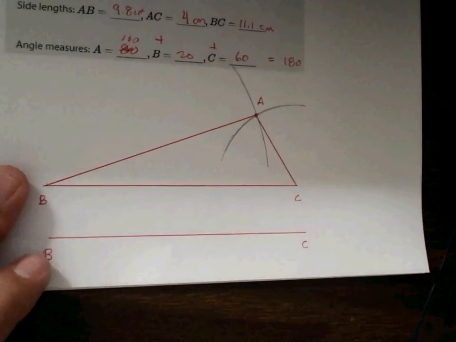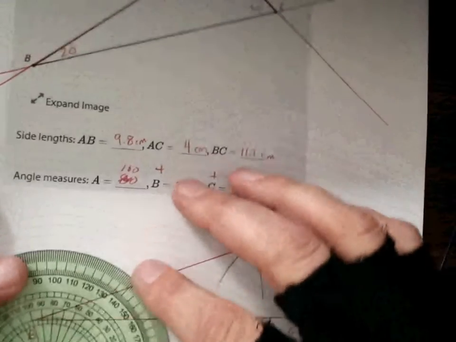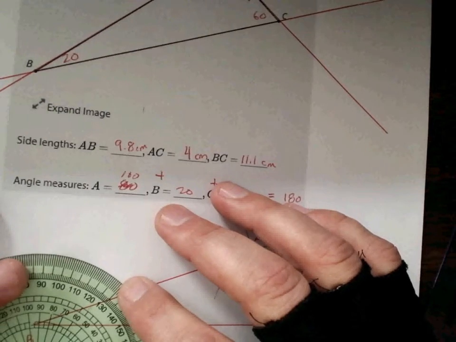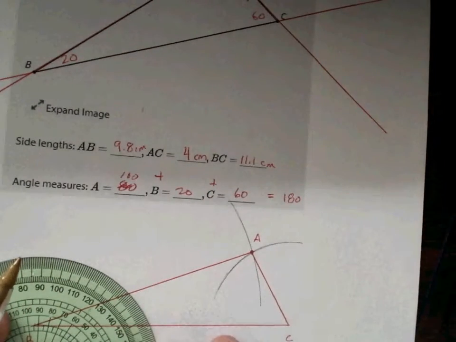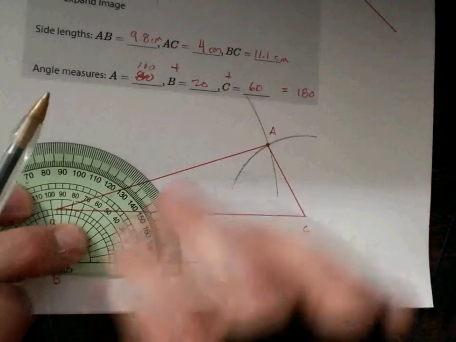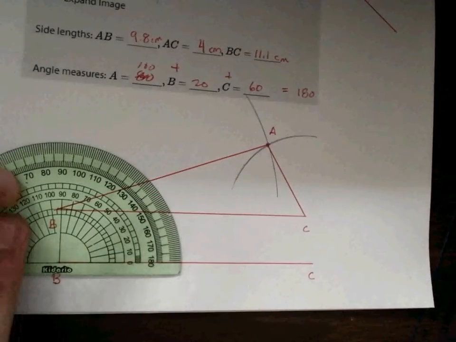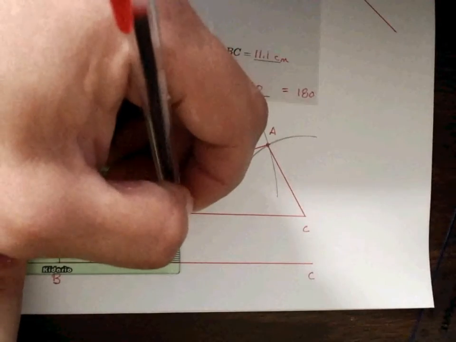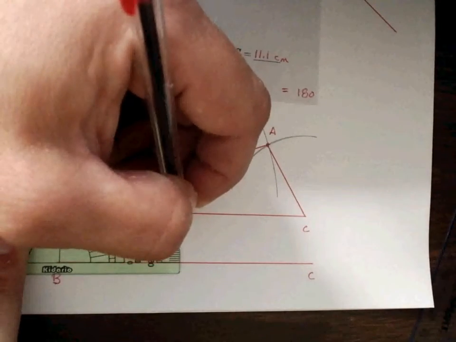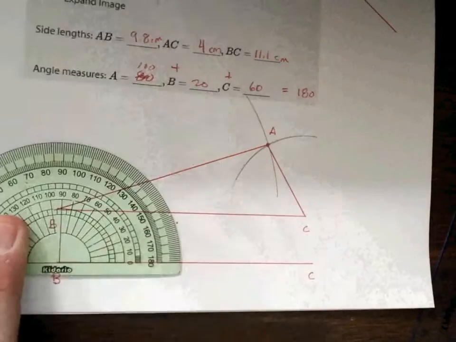So I'm going to take my protractor. I'm going to put the vertex right here on B, my line on the line BC, and then outside here, I'm going to put a mark at 20. So at 160, there's my mark, because 20 to 160 is the same thing.